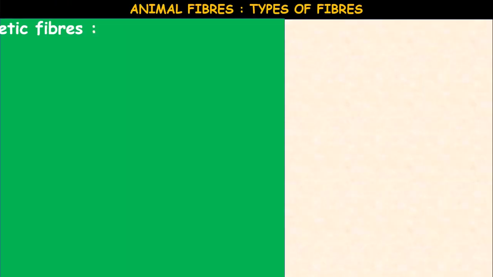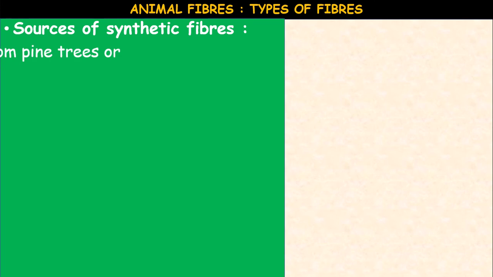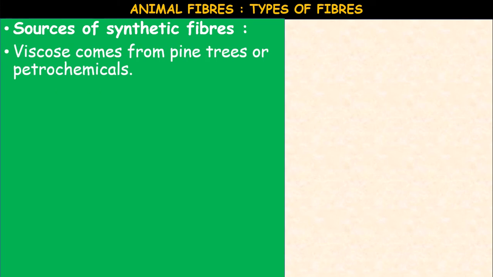Okay, the sources of synthetic fibers: there is some chemical sources such as viscose. This viscose comes from pine trees, or it is also obtained from petrochemicals.